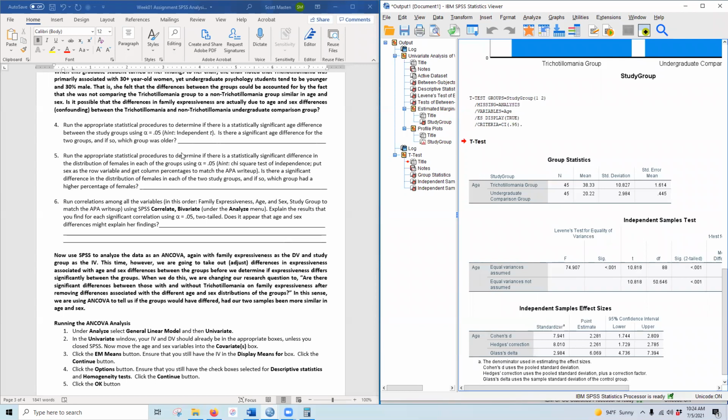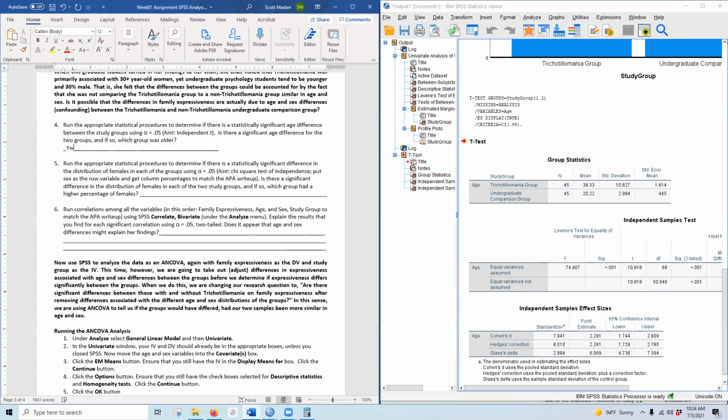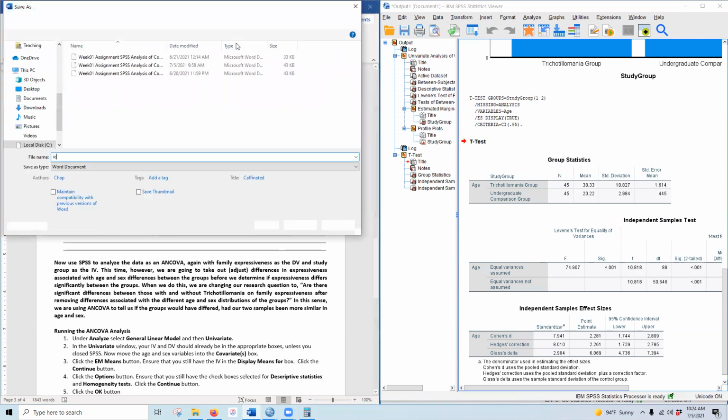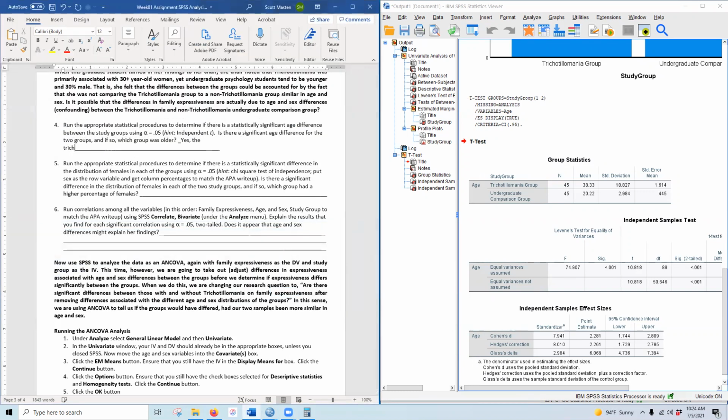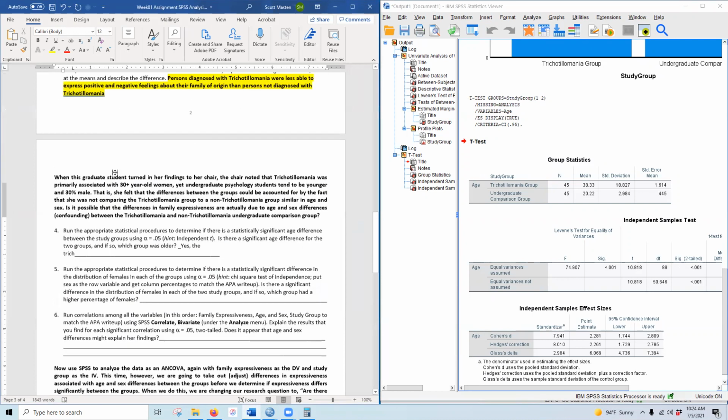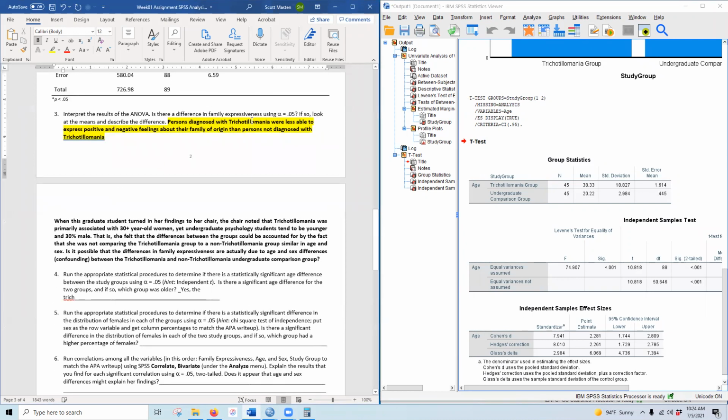Okay, not a problem. So let's say that. Is there a significant age difference? If so, yes. So let's say yes. The trichotillomania, I gotta spell this. Is it tricka or tricho? I have no idea how to spell this. Tricho.